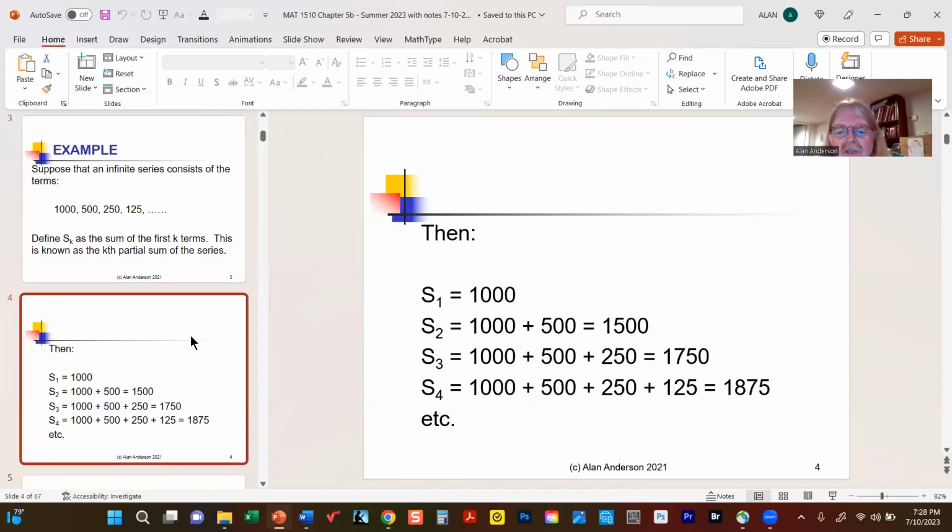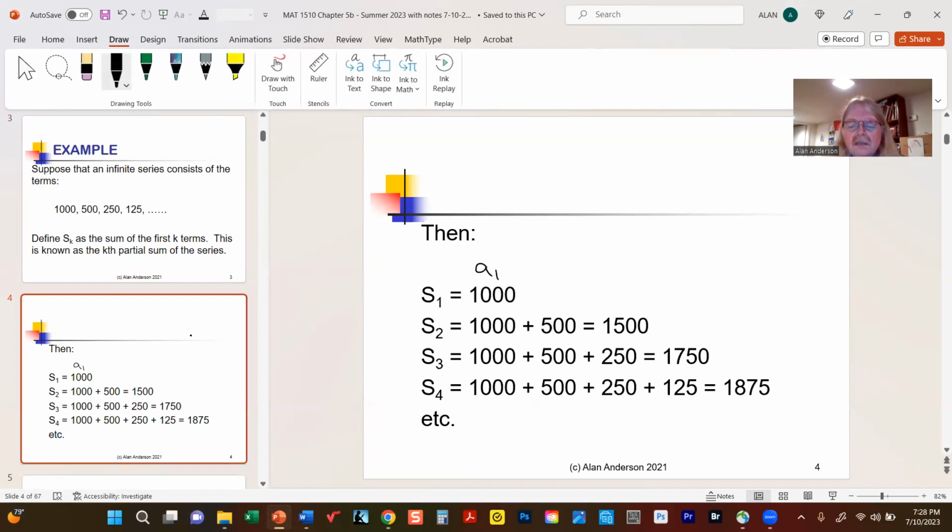The first partial sum is just the first term, which is A1, of course. The second is A1 plus A2. The third is A1 plus A2 plus A3, which makes perfect sense.